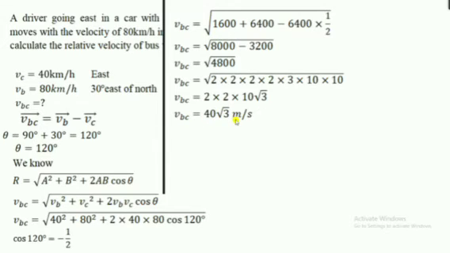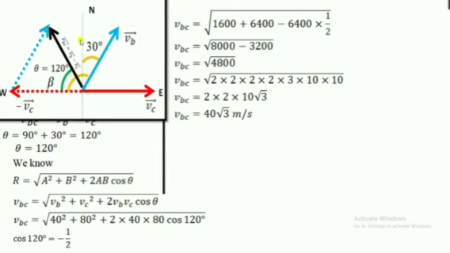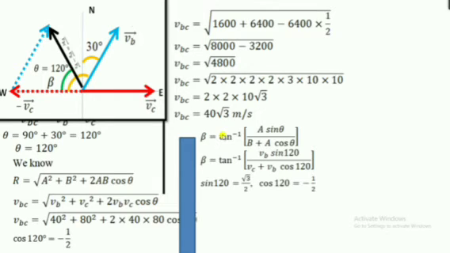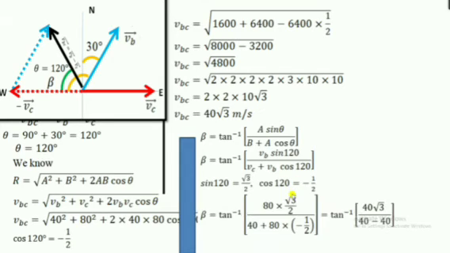Now I have to find the direction. So to find the direction, I make use of this expression. So A is the vector opposite to the angle, so this is VB, and for B I'll write VC. So if I put the value, sin 120 degrees root 3 by 2, cos 120 degrees minus half.